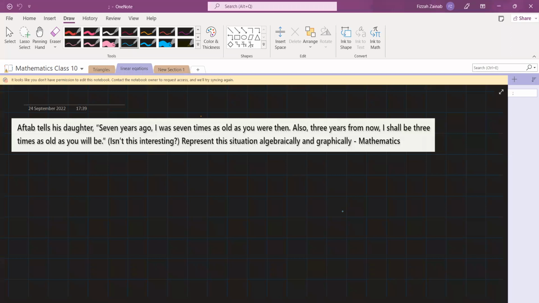Try to form the equation. Ma'am, should we do it on graph as well? At least roughly you can draw for the time being, or if you have a graph paper, you can use it.